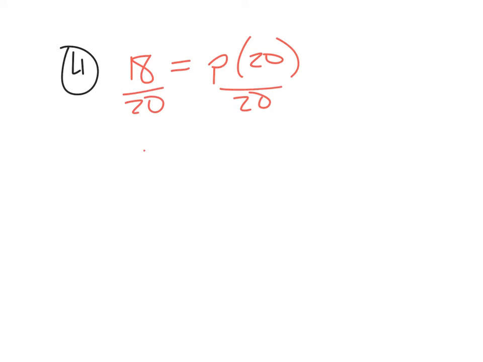All right, number 4. 18 is what percent? P, very good, of 20. And how do I get P by itself? Divide by 20. So what is 18 divided by 20? 0.9.